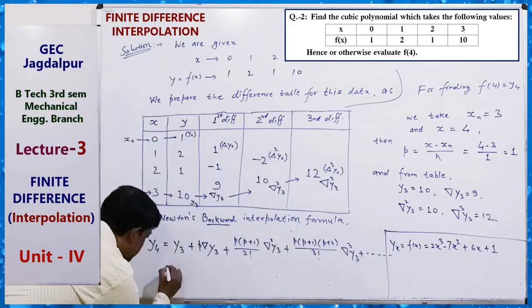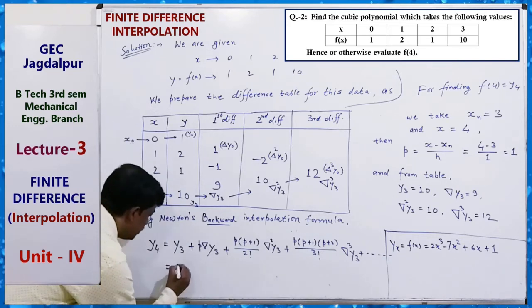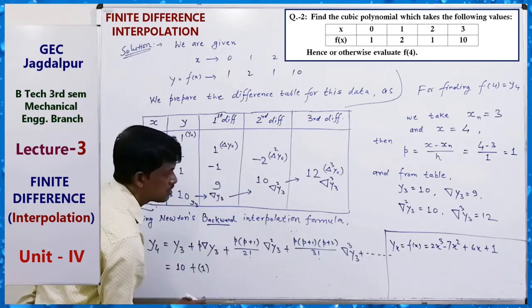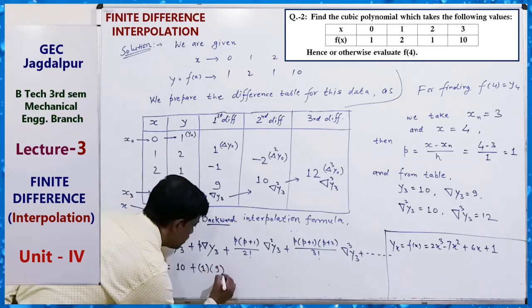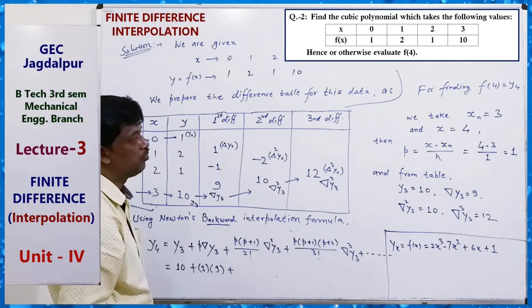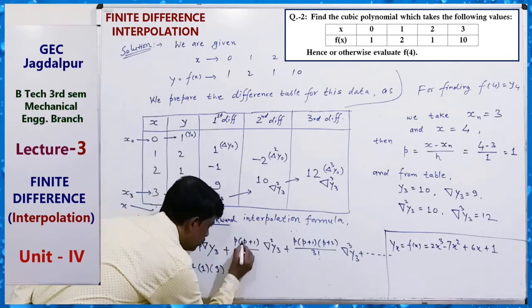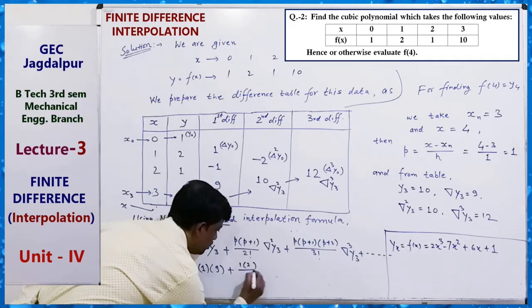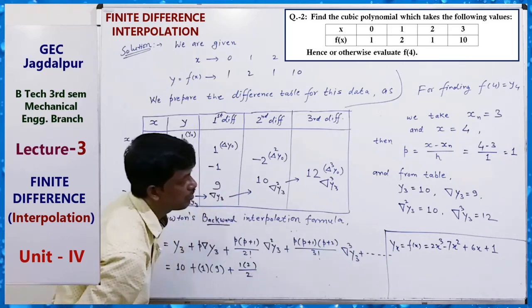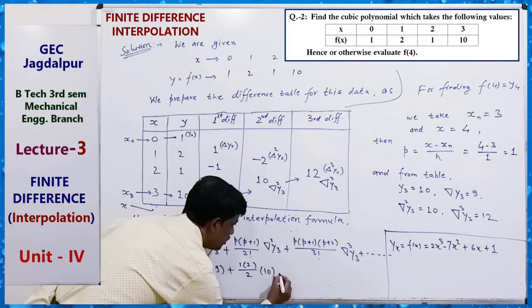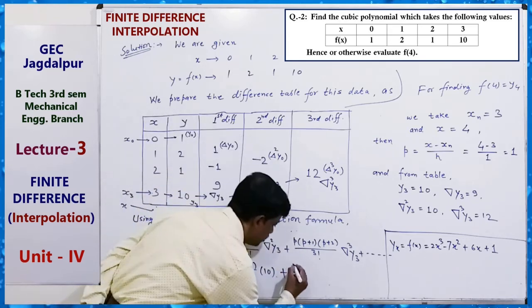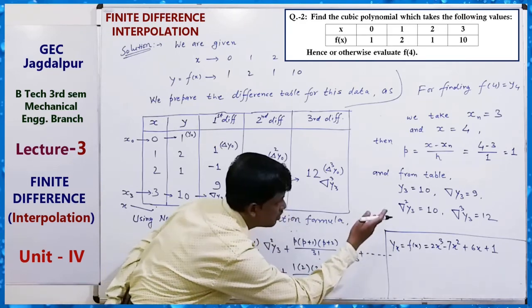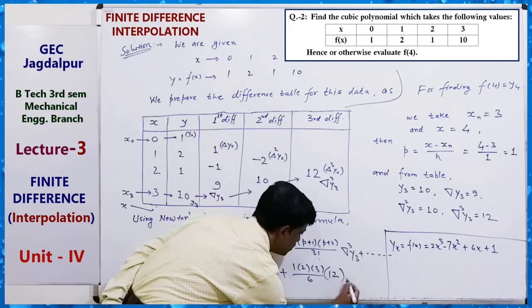So just put the values here. y3 is 10, plus p is 1, first backward difference 9, plus p(p+1), so 1 into 2, upon 2 factorial, backward del square 10, plus 1 into 2 into 3 upon 3 factorial 6, third difference 12.